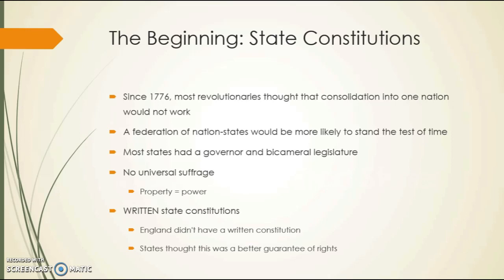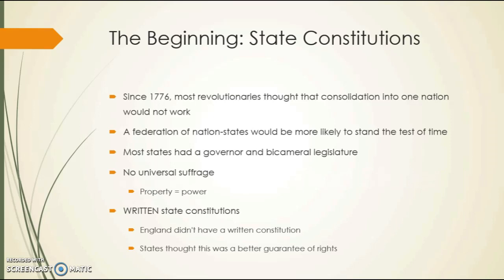There wasn't universal suffrage in the states, but most states did eventually lower property requirements, but still this only applied to white men, and typically wealthy white men. They did have written state constitutions, a sort of guarantee of rights, and this is one of those ideas that's a very solid U.S. idea.